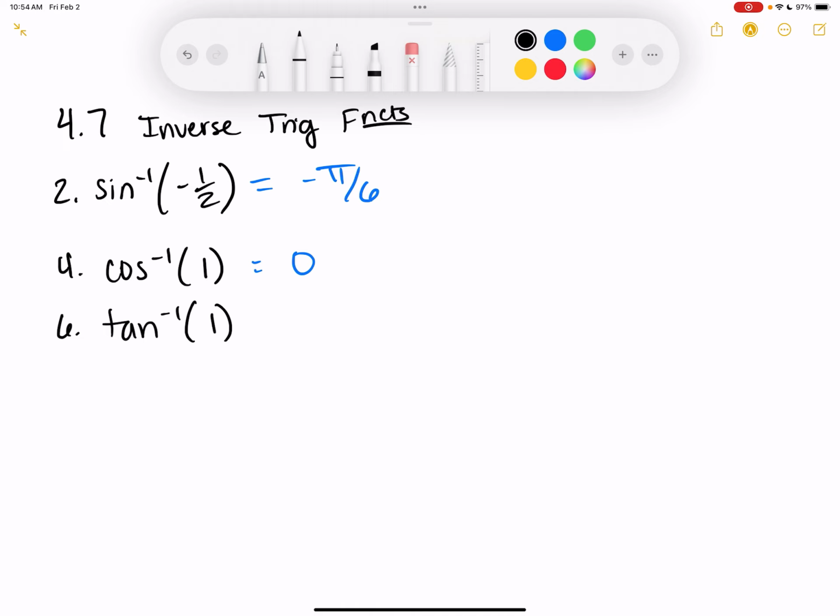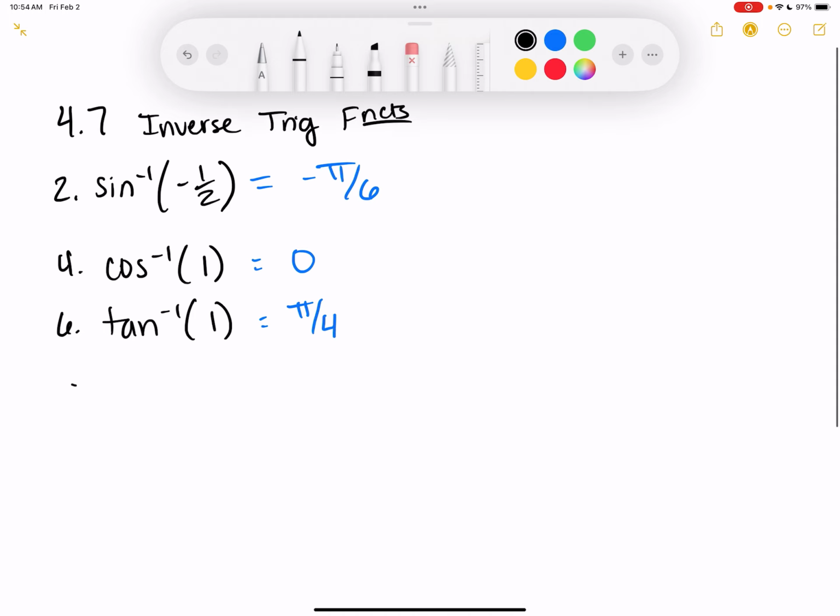And I care about it on the right side. Pi over 4. Inverse cosine of negative root 3 over 2. So cosine is negative root 3 over 2 where? 5 pi over 6. Yep, 5 pi over 6.